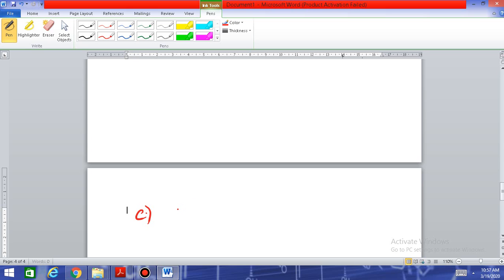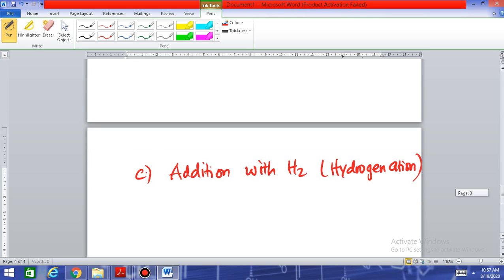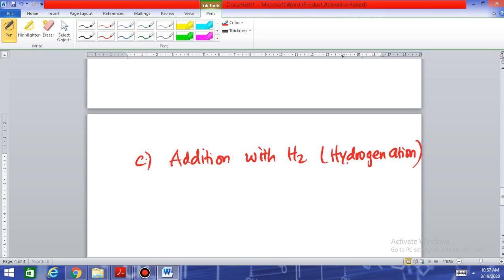Next, addition with hydrogen, or hydrogenation. Hydrogen is added to alkene. Addition with hydrogen, or we can call this reaction hydrogenation because hydrogen is added to alkene. For example, I have ethene.